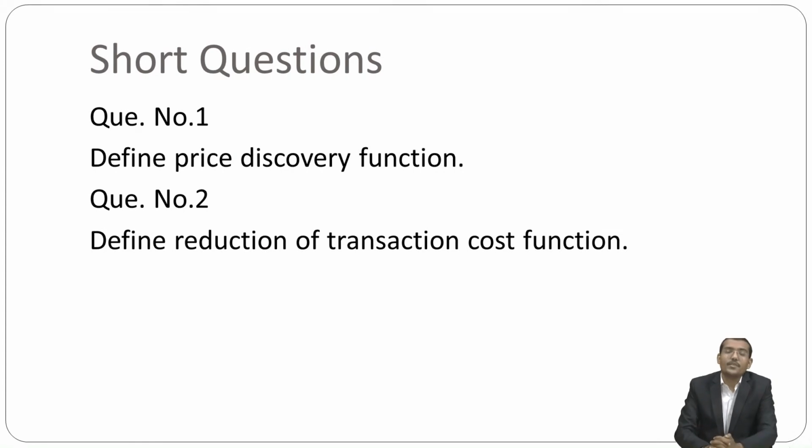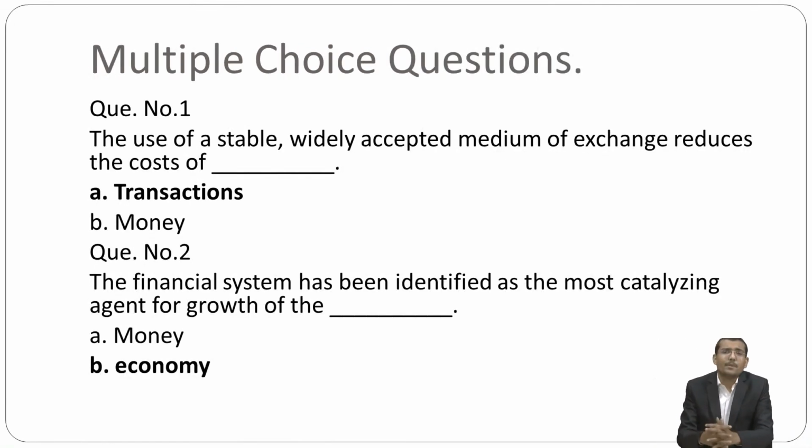In the short questions, my dear friends, define the price discovery function, and second, define the reduction in transaction cost function, and also the attributes determined in transaction cost functions. In the multiple choice questions, my dear friends, the first question is: the use of a stable, widely accepted medium of exchange reduces the cost of what?